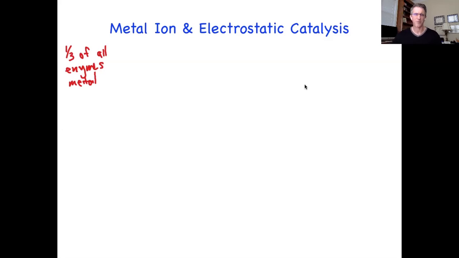And there are two rough different classifications of metal-dependent enzymes. You have so-called metalloenzymes, in which the metal is important for catalysis, but it's also essentially a structural feature of the enzyme itself.